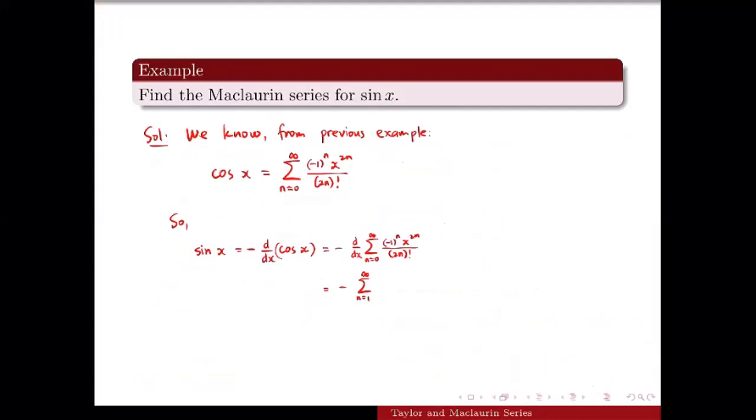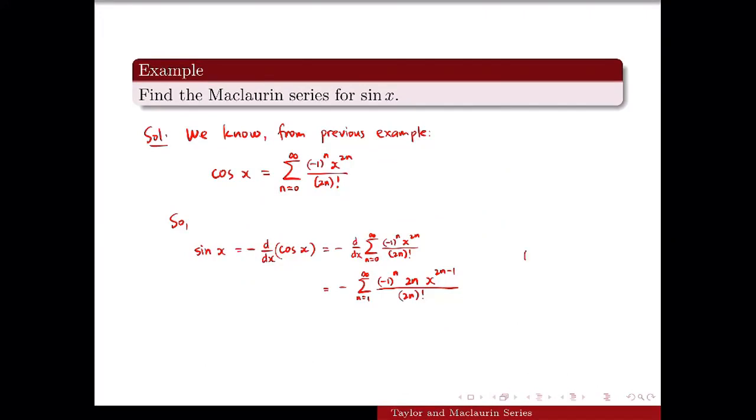So in here, we will have negative 1 to the n, derivative of x to the 2n, that's just 2n, x raised to power 2n minus 1, then all over 2n factorial.